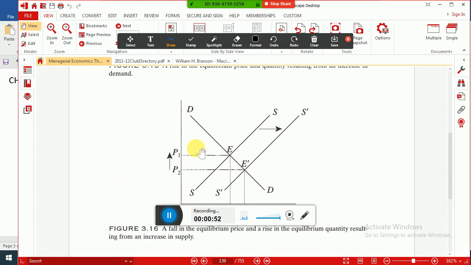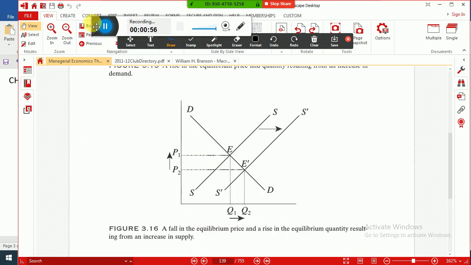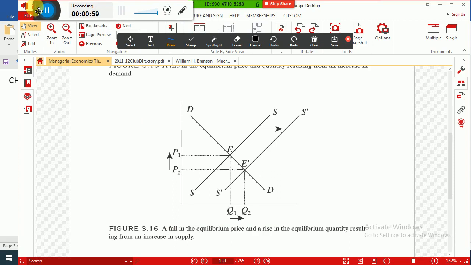As you can see, now the situation is that there is no change in demand, so the demand curve does not shift, it remains as it is. However, the new supply curve is to the right of the initial supply curve SS. SS is the initial supply curve, S dash S dash is the new supply curve.